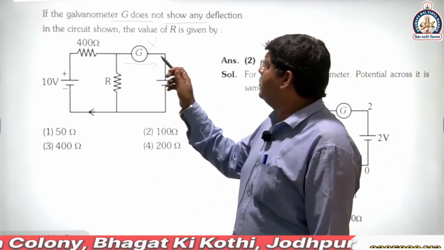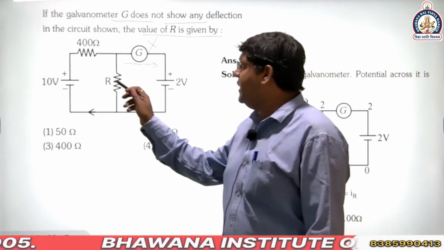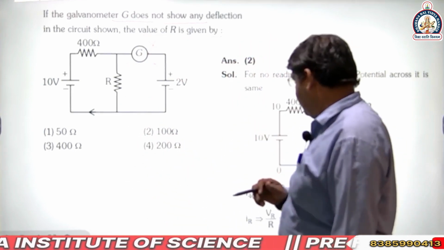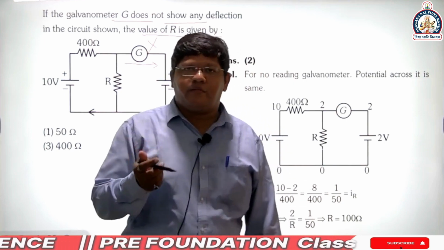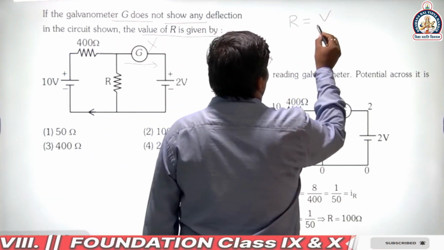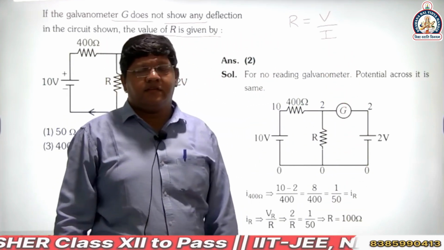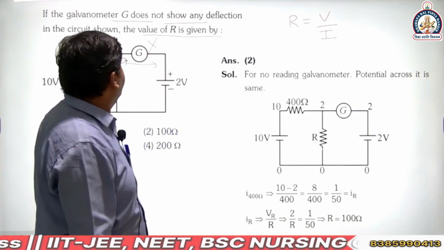The question is about calculating the value of R. We know the formula for R is equal to voltage upon current. For calculation of resistance, we have to find the voltage and current.